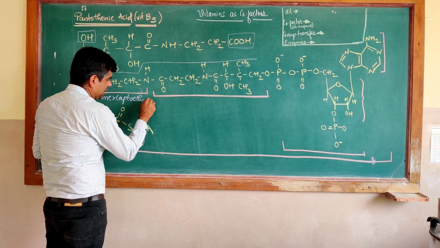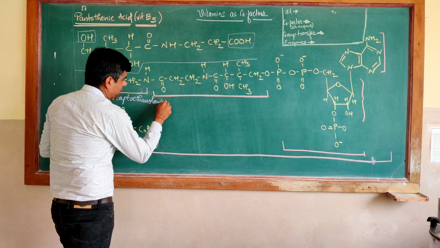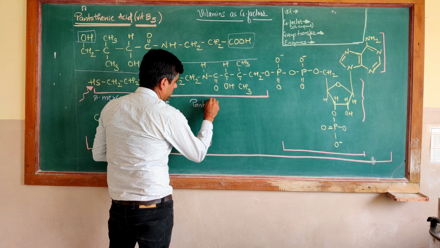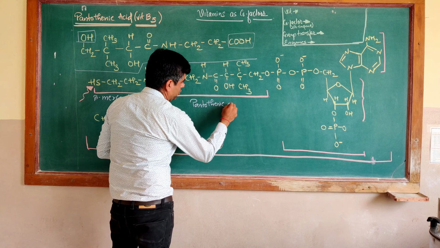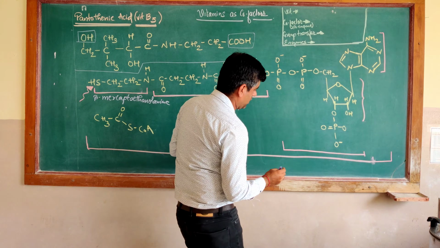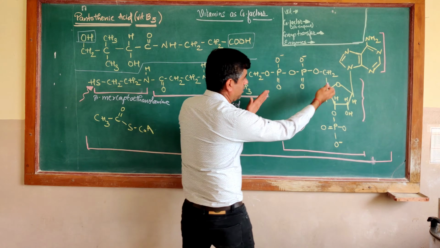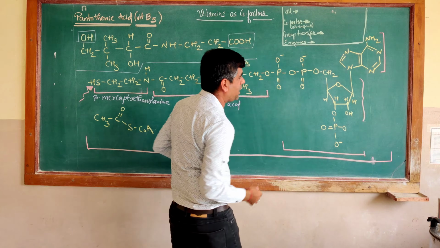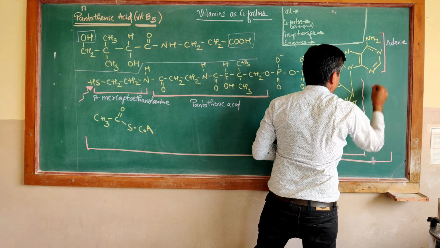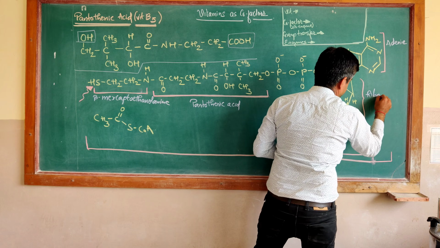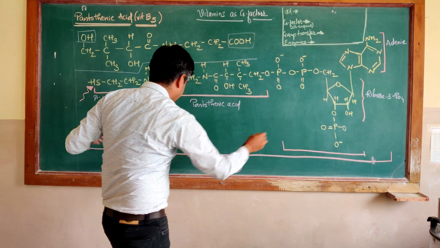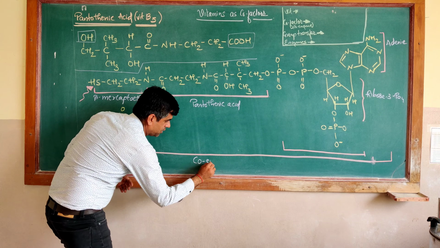You have this pantothenic acid in the bound form in between. You have this 3'5' ADP moiety here. You have the adenine, as you can see here. You have the ribose 3-phosphate. So this forms the structure of your entire coenzyme A.